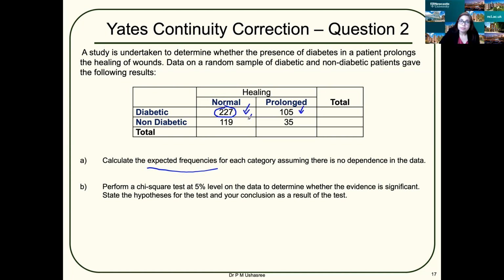For each cell, calculate the expected frequency and write it in a bracket in the same table. Please use your notebook, write each category, then find the chi-square value for each cell, and then find the sum of all the chi-square values.